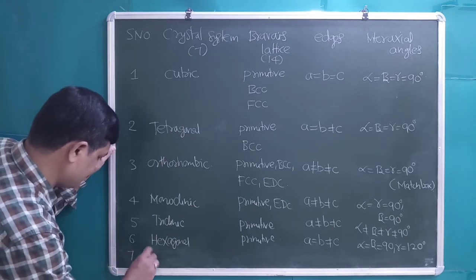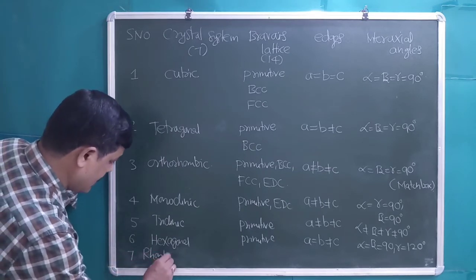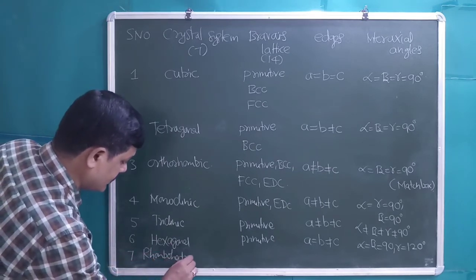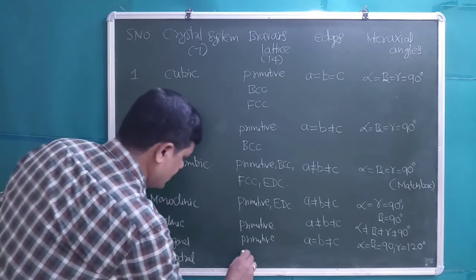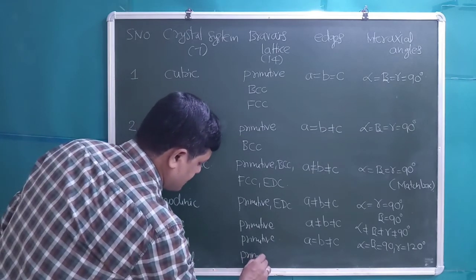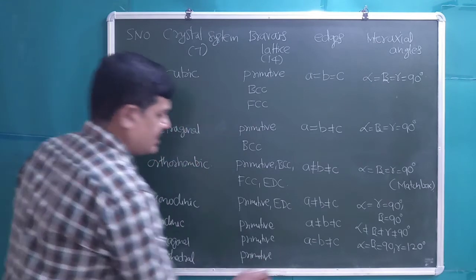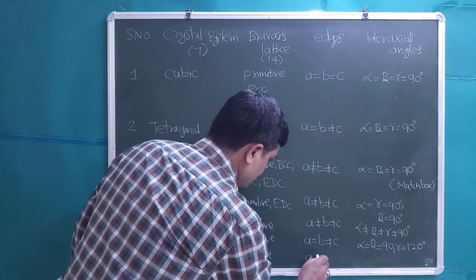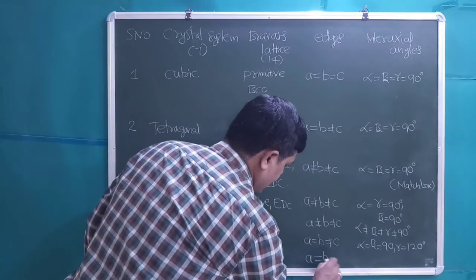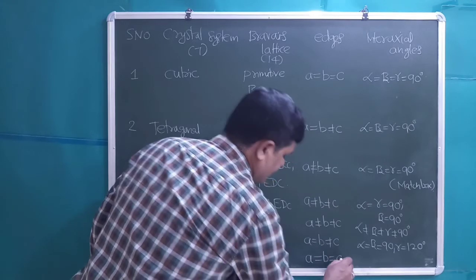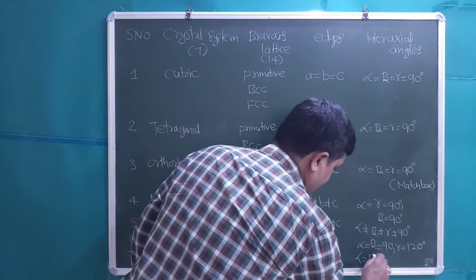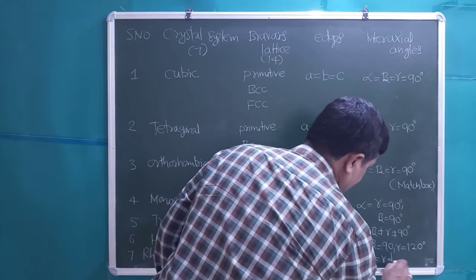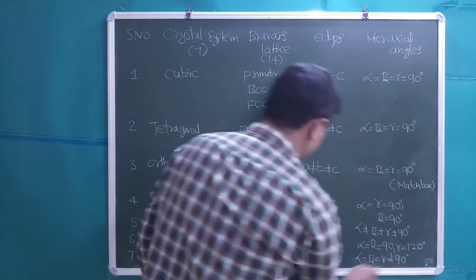Seventh one is rhombohedral. Primitive unit cell is possible. A is equal to B is equal to C, alpha is equal to beta is equal to gamma, which is not equal to 90 degrees.